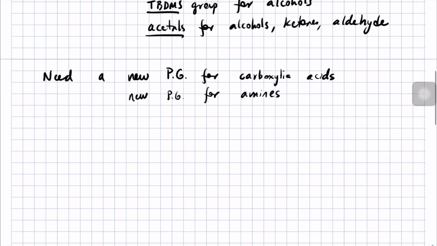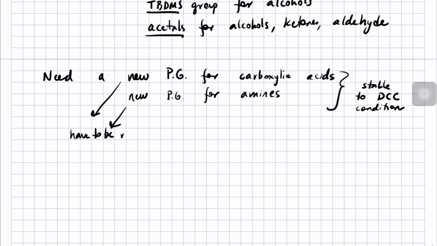And ideally, these two protecting groups should both be stable to the DCC conditions, but individually they have to be removable under distinct and/or orthogonal conditions.